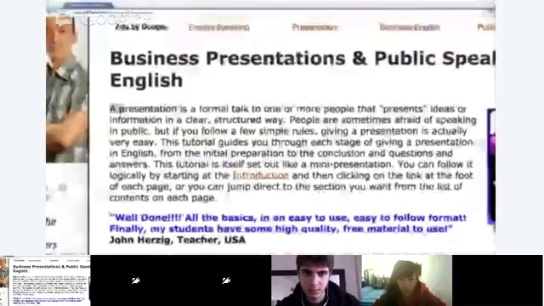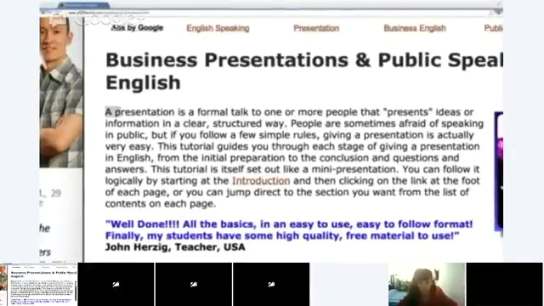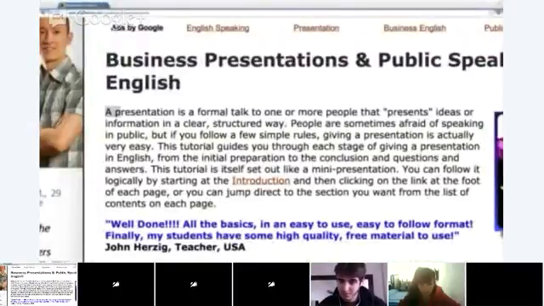You can follow it logically by starting at the introduction and then clicking on the link at the foot of each page, or you can jump direct to the section you want from the list of contents on each page.